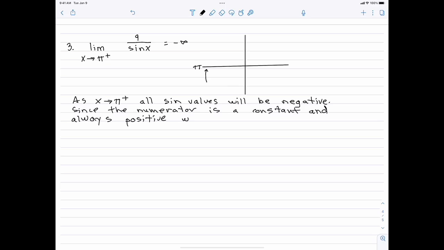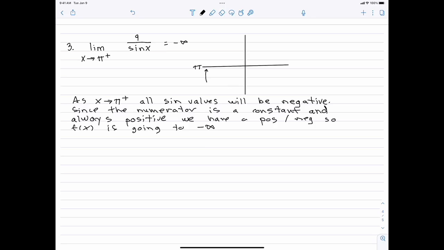We have a positive divided by negative, so our f of x is going to negative infinity.